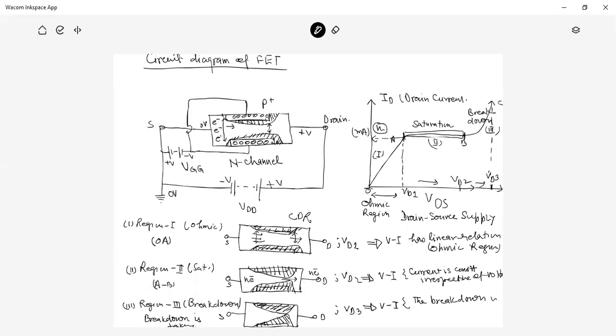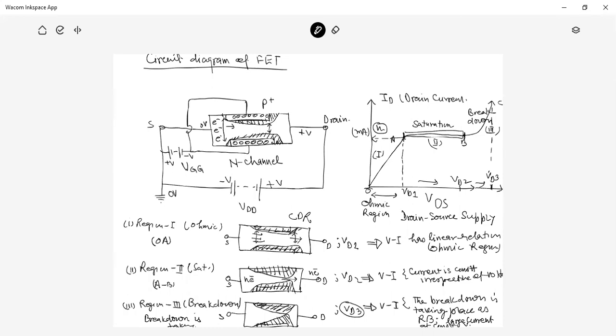The breakdown is taking place. As it was reverse bias, it means a large current at constant voltage, that is VD3, this voltage.